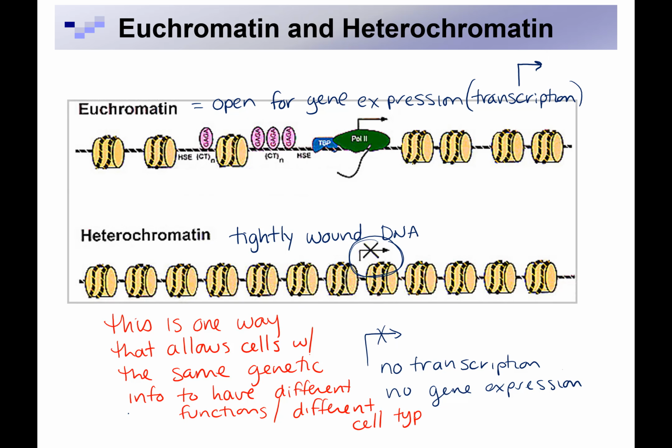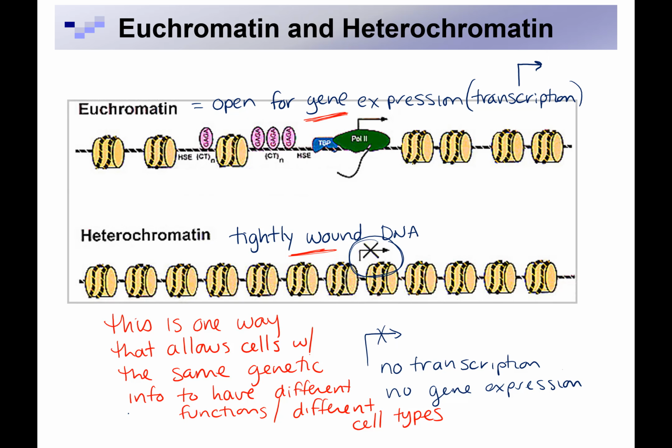Because different cells are going to have different genes in heterochromatin and euchromatin, which means different cells have different genes being expressed and not expressed. So keep this concept in the back of your mind. It's really important for this unit.